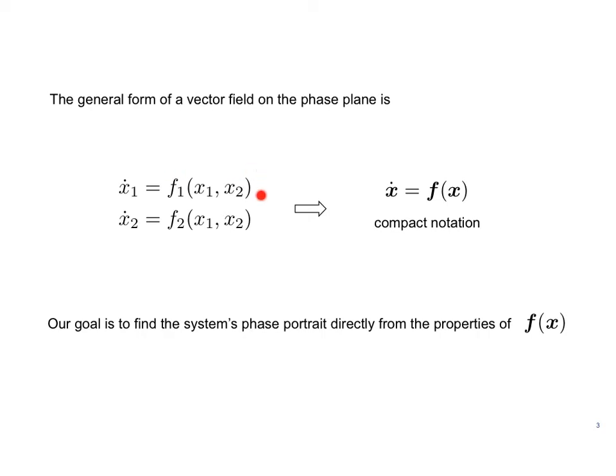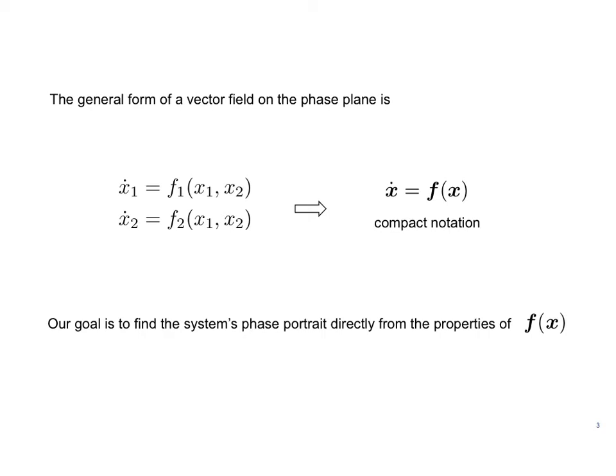On the right hand side we have the nonlinear function, which can be a function of both x1 and x2. If we want a compact notation, we just use the bold notation. So the idea is that we will understand what this f of x looks like.